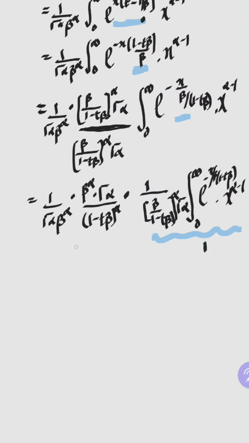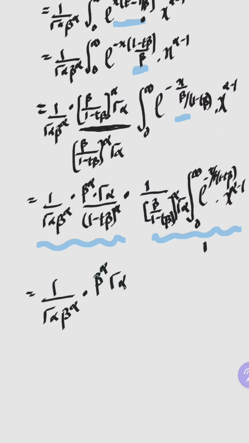So we're going to be left with this information. Now here I'm going to have 1 over gamma alpha beta multiplying by beta to the power of alpha gamma alpha all over 1 minus t beta to the power of alpha. This cancels out, this cancels out.